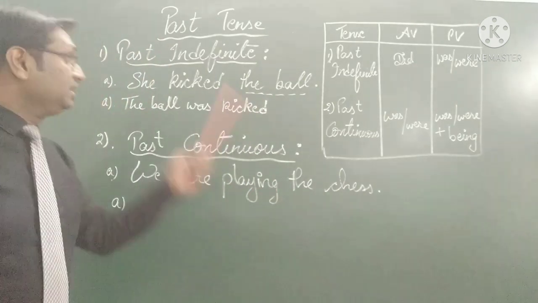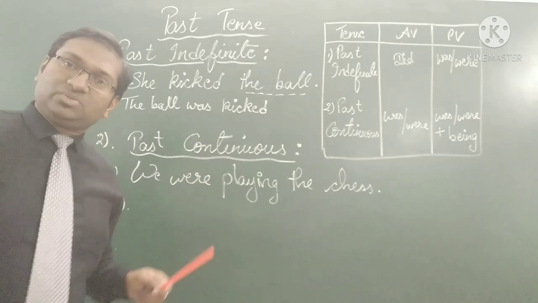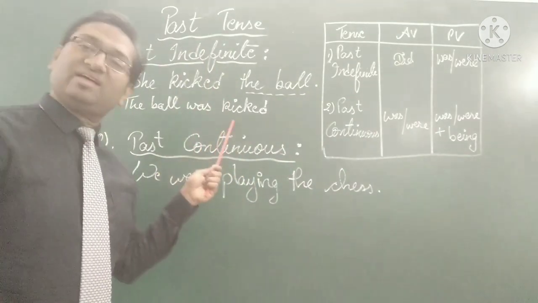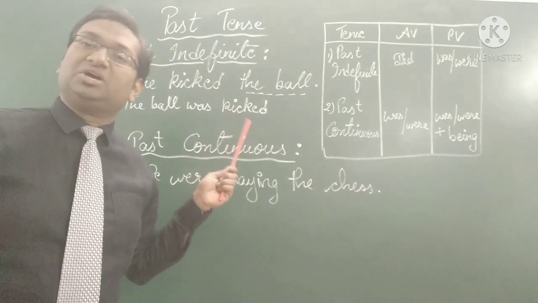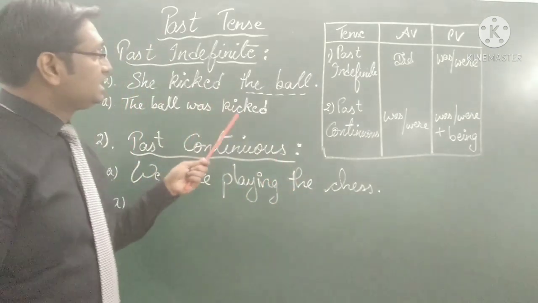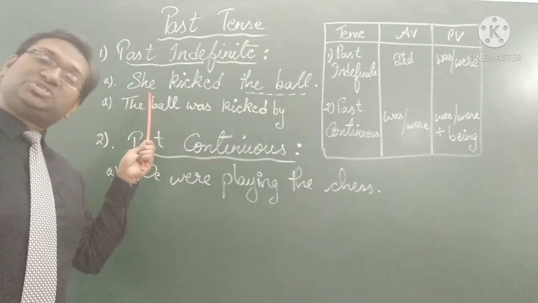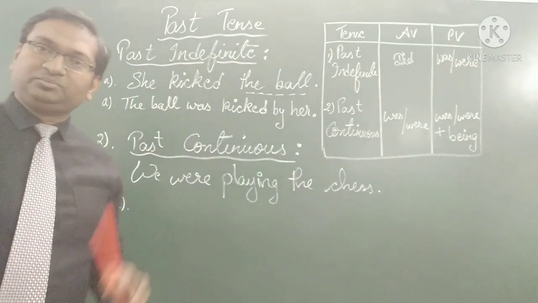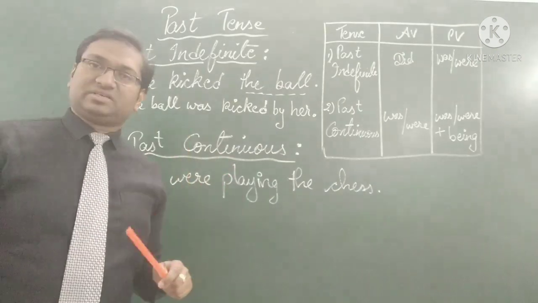Now don't get confused if in an active voice the main verb is already in the third form. Whether it is in the third form or the ing form, always remember that while writing passive voice you have to use the ed, en, on form, the third form of the verb only. So the ball was kicked by, and over here she will change into her.